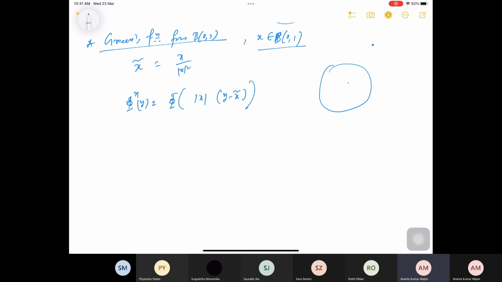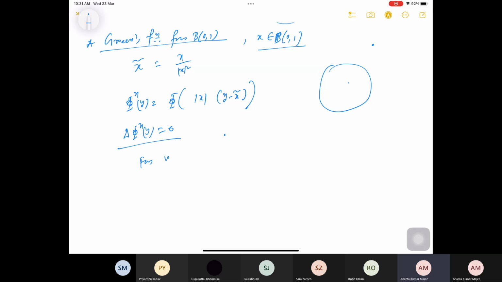Now again you see that it is harmonic. So Laplace in y of phi_x(y) is equal to 0. From here you will see that it is equal to 0 for x not equal to y. And what happens for y in the boundary of Omega?